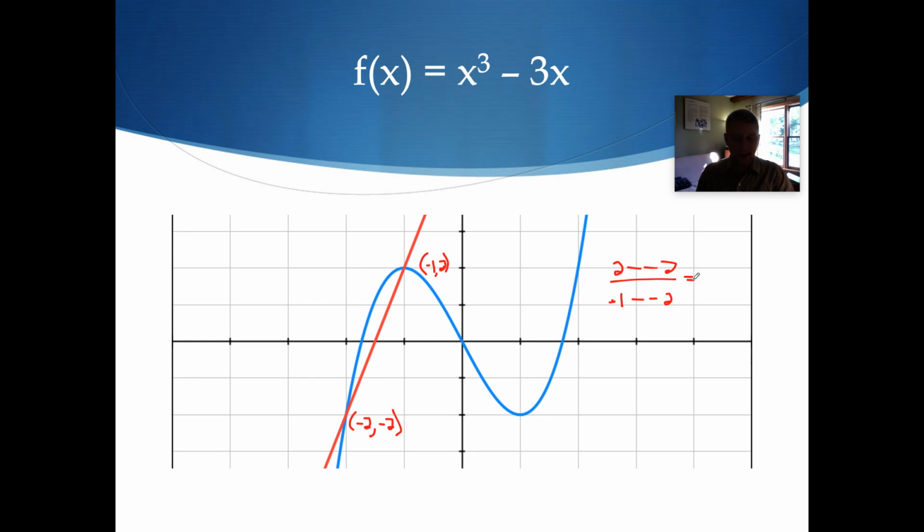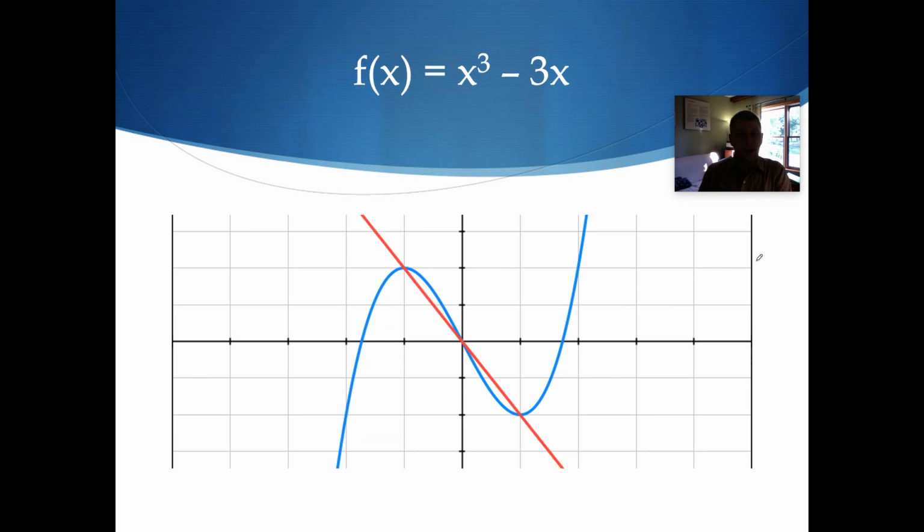Now of course minus a negative is equal to a positive, and so this is going to be 4, and this is going to be negative 1 plus 2, which is 1, and so the slope here is 4. And so the average rate of change for this graph, x cubed minus 3x, between x equals negative 2 and x equals negative 1 is 4.